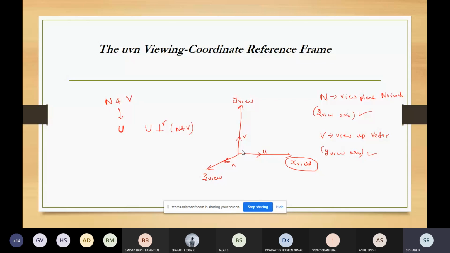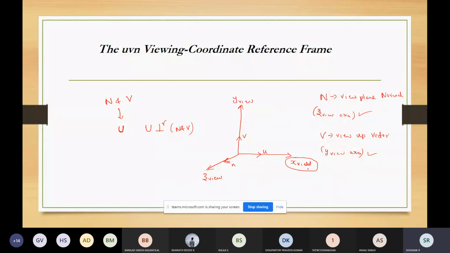So we had two vectors, N and V. N for the z axis, V for the y axis. By using these two vectors we derived the third vector U, which was giving us the third axis direction, the x view axis direction.